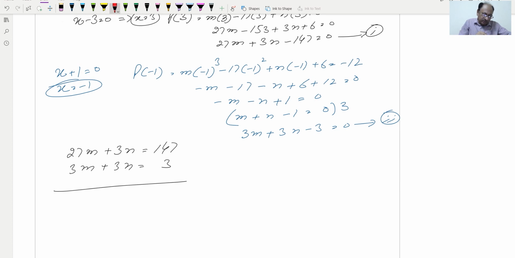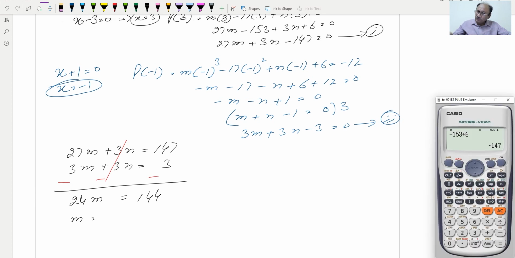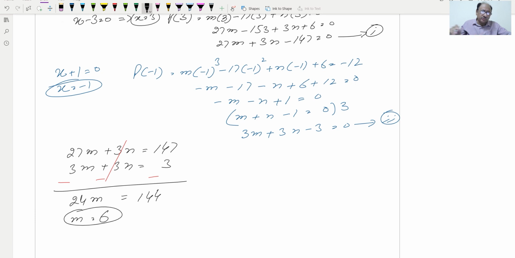We'll be changing sign, and the 3n will be cancelled, and it will be 24m is equal to 144. So the m value will be equal to 144 over 24. 144 divided by 24 will be equal to 6. So the m value is equal to 6.